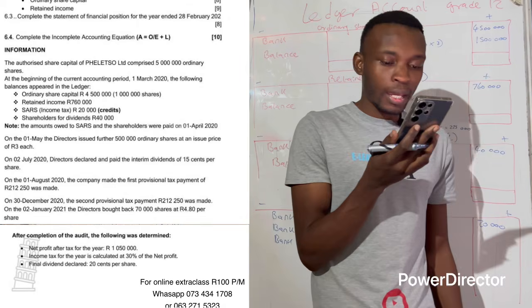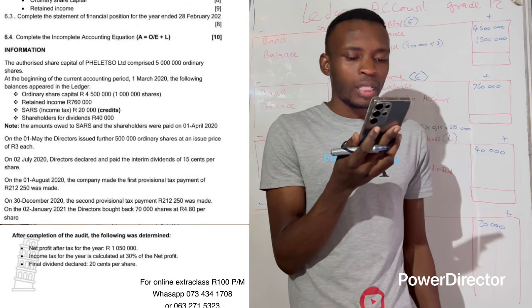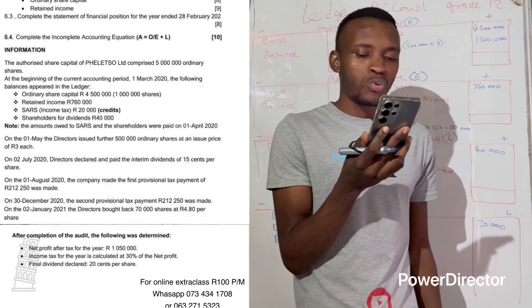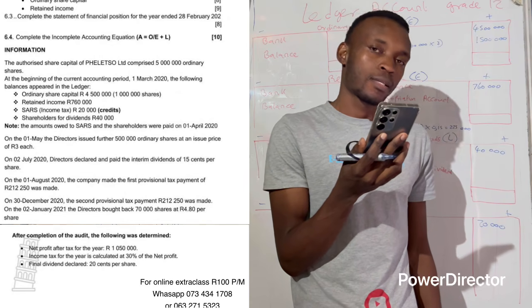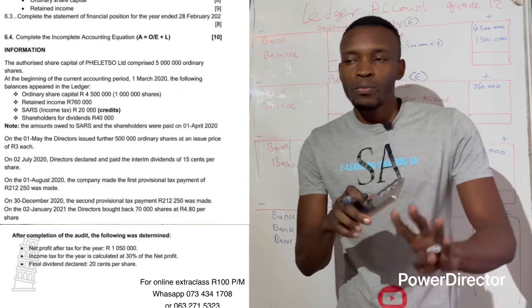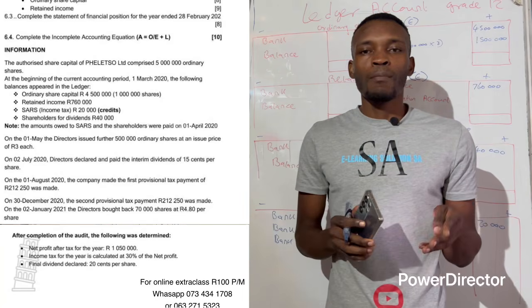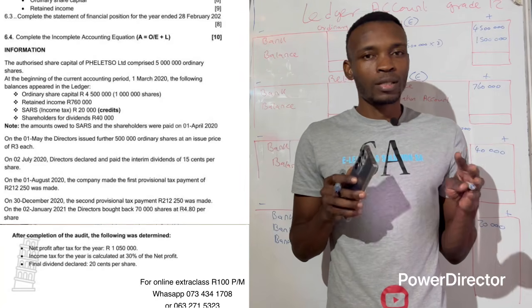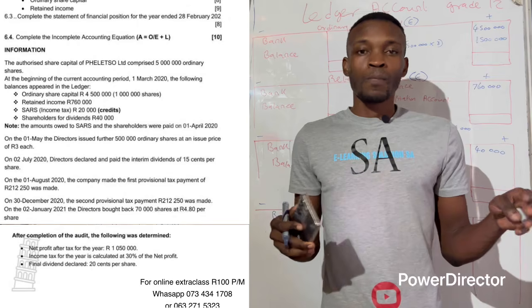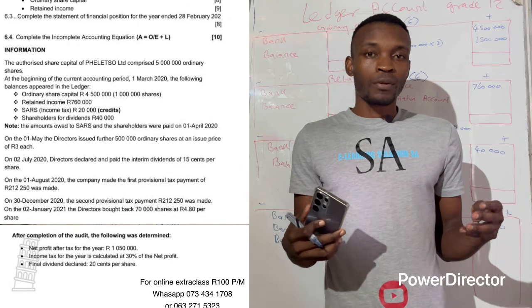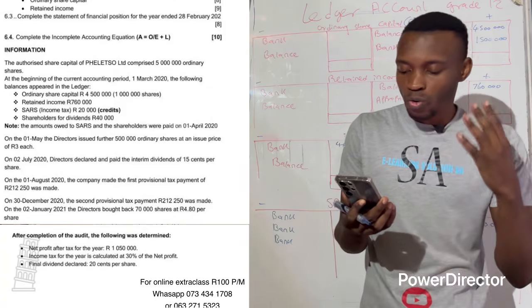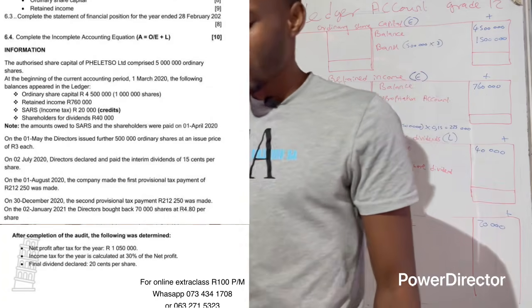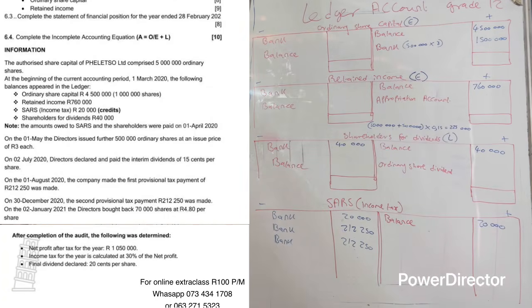Okay. And again, the directors bought back 70,000 shares at 480 per share. Guys, when we are a company, it can happen that we have some fight with some shareholders. You know, we can't agree every day. If there is a fight that needs shares to be bought back, which means that the company can decide what?